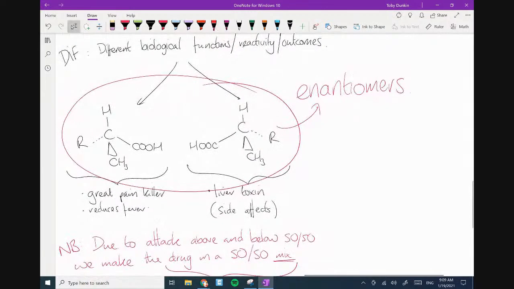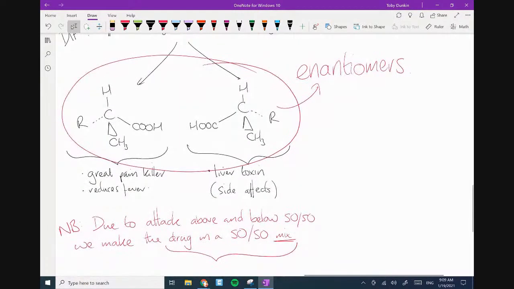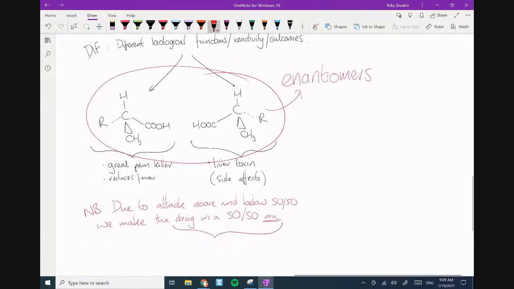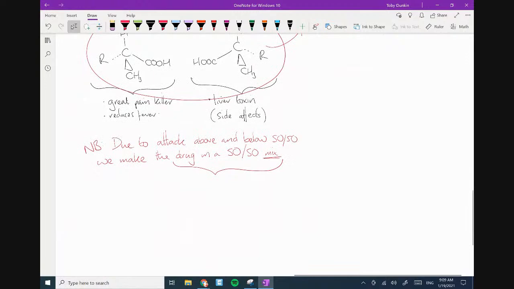I love chemists a lot of the time, but that one was just horrible. And there's two of them. There are two different sets of letters, R and S and D and L, and I can't remember which one applies. I'll come back to optical isomerism later.